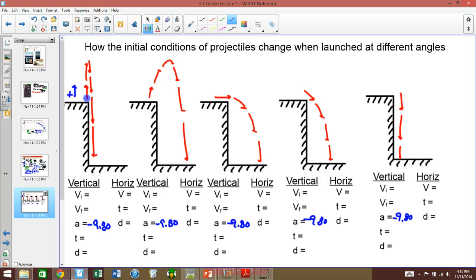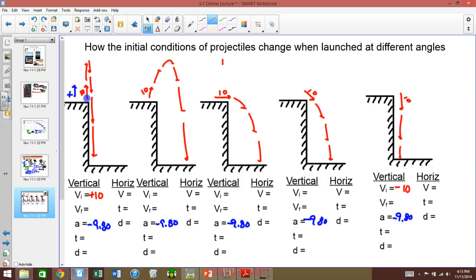What will be different is the initial velocity. Let's say in every one of these cases I fire it up with a value of 10. In this case, my initial velocity is going to be 10 meters per second. All the way over on the other side, my initial velocity is going to be negative 10.